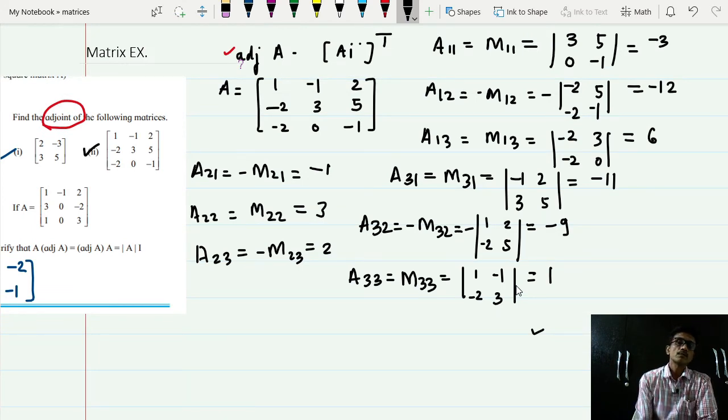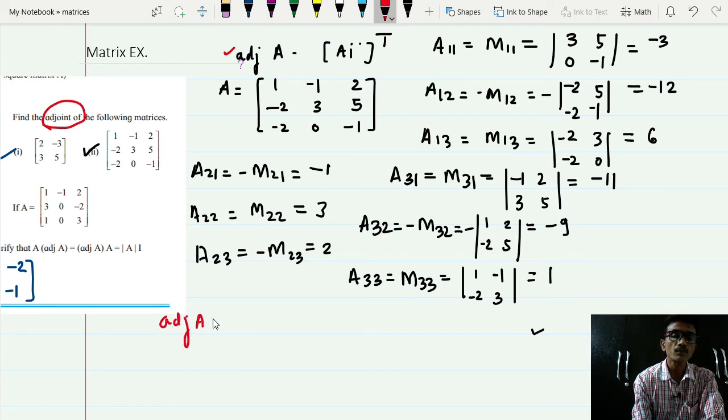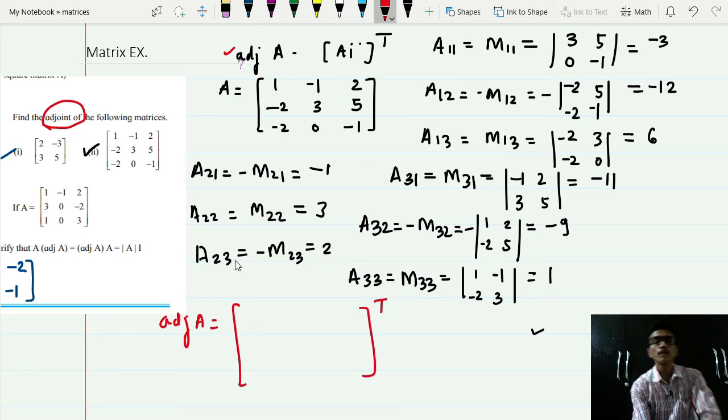So we got all cofactors. So we will write the matrix of cofactors. Adjoint of this matrix is what? Adjoint of a matrix is, here adjoint of A is equal to the transpose of the matrix of cofactors. A11 is equal to -3.